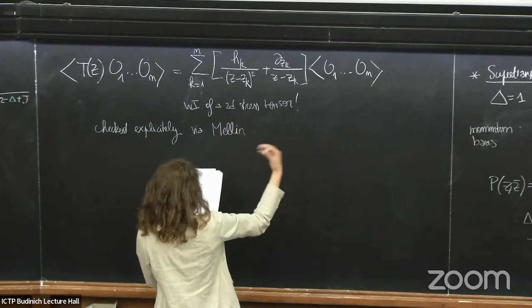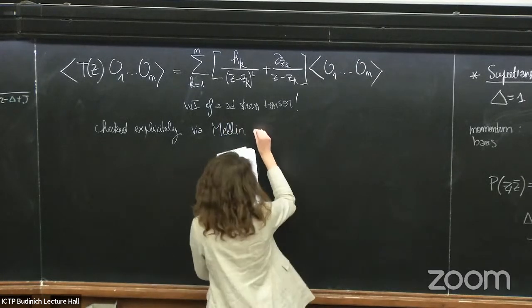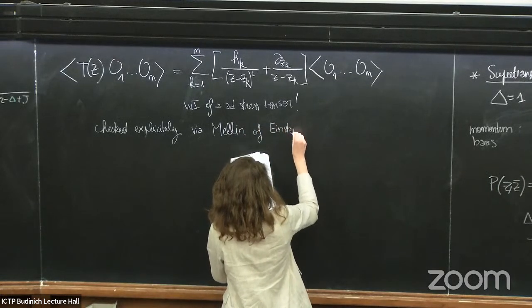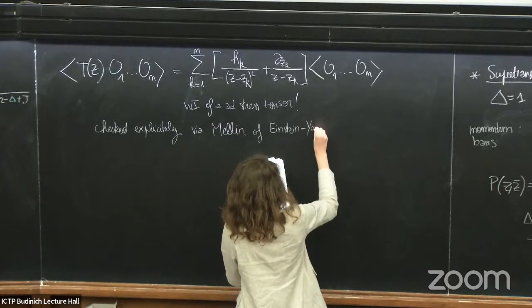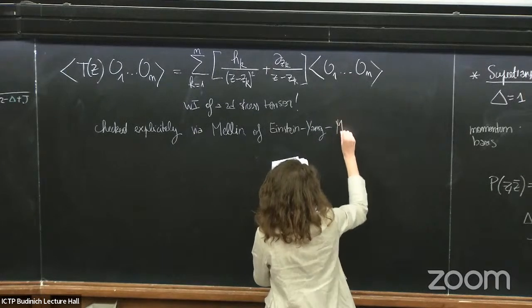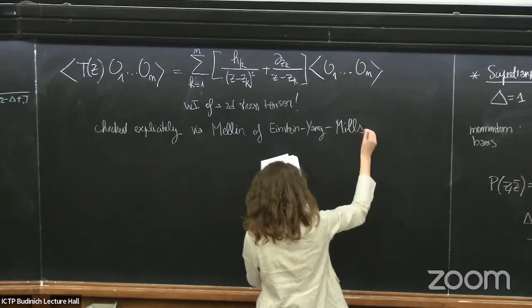They looked first at Einstein-Yang-Mills amplitudes with n gauge bosons and 1 graviton.